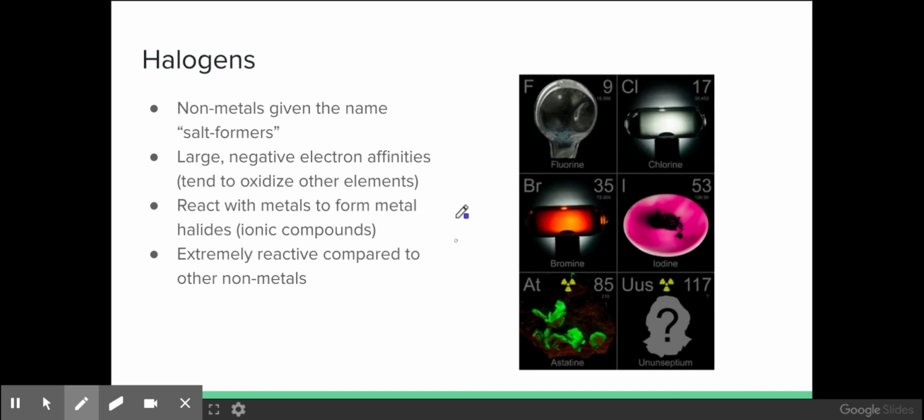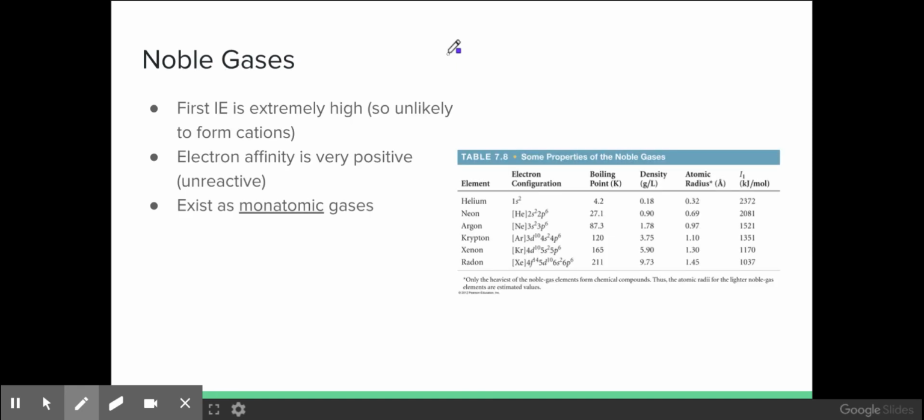They're very reactive compared to the other nonmetals. And your noble gases are typically very stable and very non-reactive because they have a filled outer shell of electrons. And typically, most of them exist as a monatomic or one-atom gas.